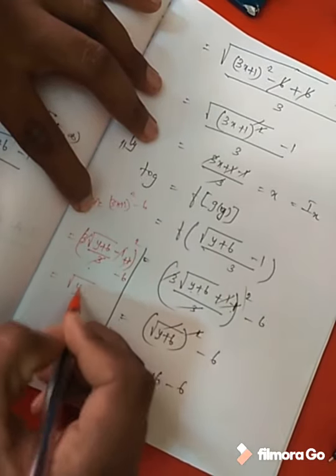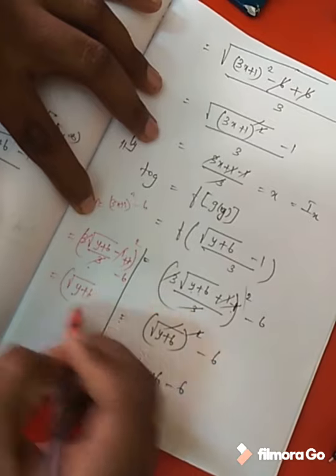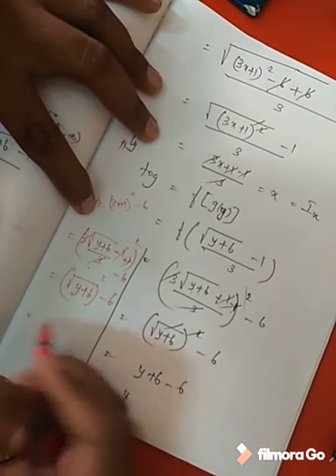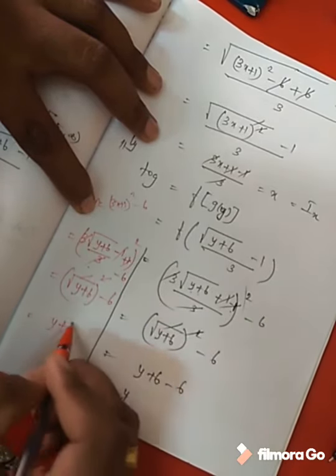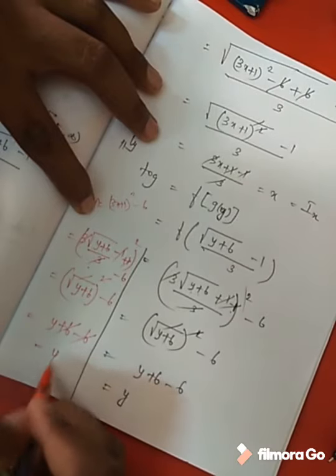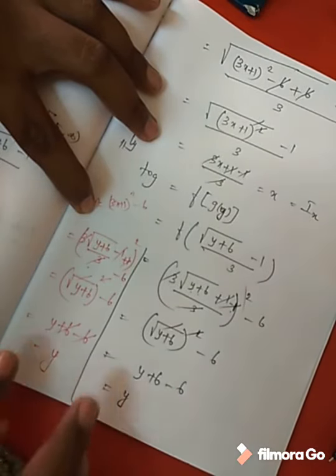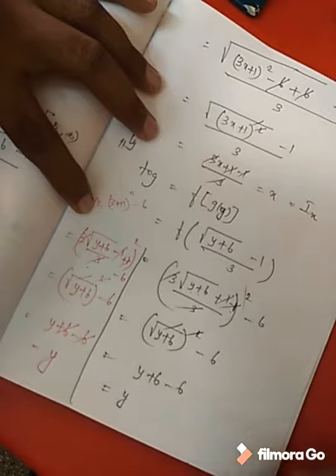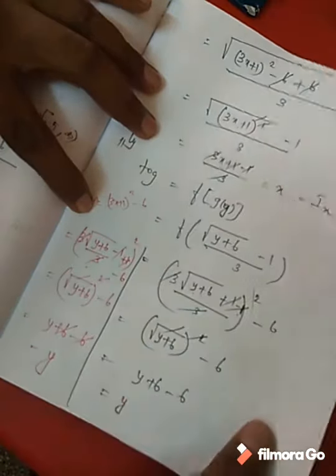I can write root of y plus 6 whole square minus 6. So square and root cancel, y plus 6 minus 6, answer y. So we got y.